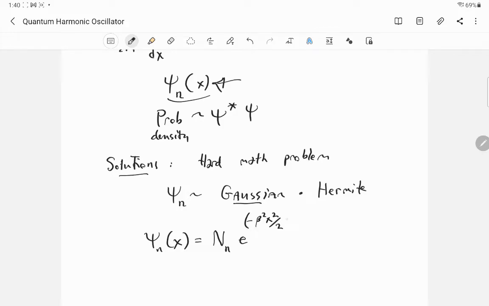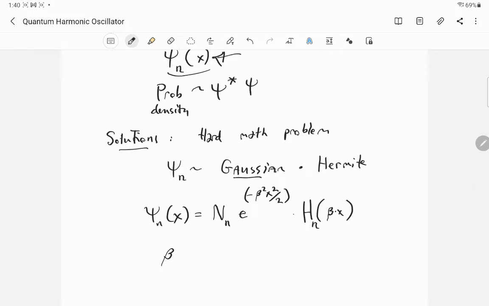So that's all up in the exponential. That's the Gaussian aspect. And then we multiply by what are called Hermite polynomials. They're symbolized by capital H. They take the argument x, but it turns out that what's appropriate in this problem is actually not just the Hermite polynomials on x. It's the Hermite polynomials acting on the argument beta times x. The Hermite polynomials already come with an index n.